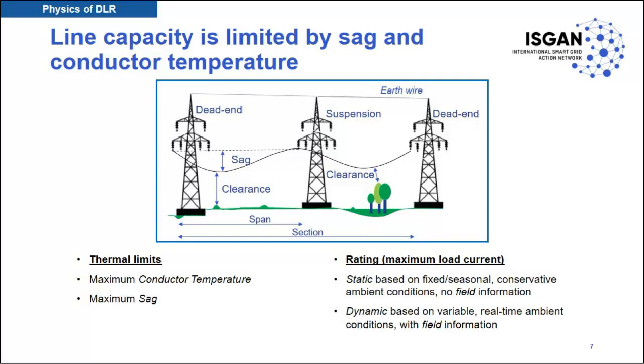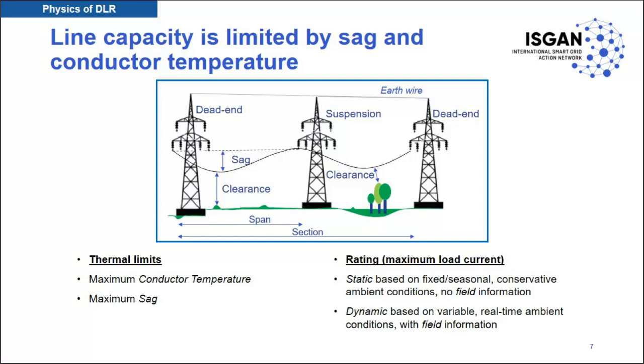So if you operate your line the classic way, you will take care of these two limitations, and you will operate with static ratings. In France, for example, we have seasonal ratings. They are fixed but seasonal. We have winter, summer, and interseason. These ratings are based on the worst possible environmental conditions.